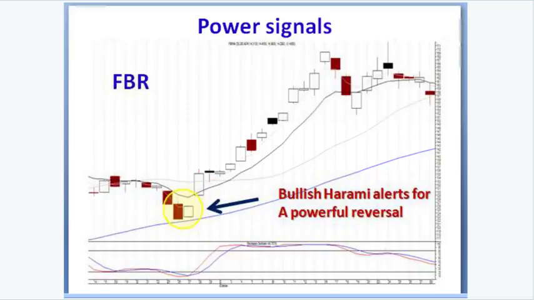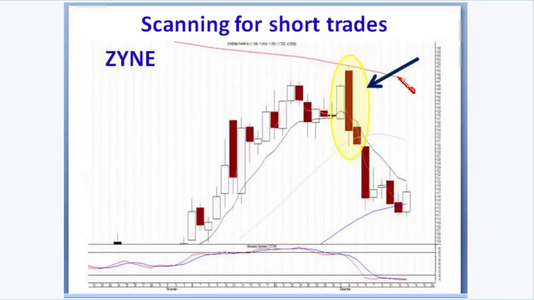Essentially, not only are we identifying where the strong signals are, but once we do our scans for the reversal signals, we can also pick out the better ones that are occurring right on a major support or resistance level, on both the bullish side and the bearish side. A big bearish engulfing signal occurring right at the 200-day moving average, closing back below the T line.